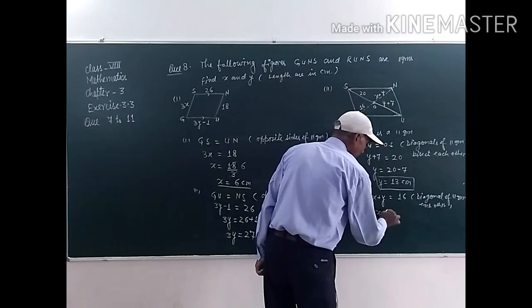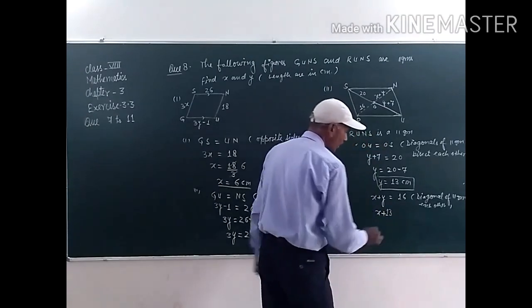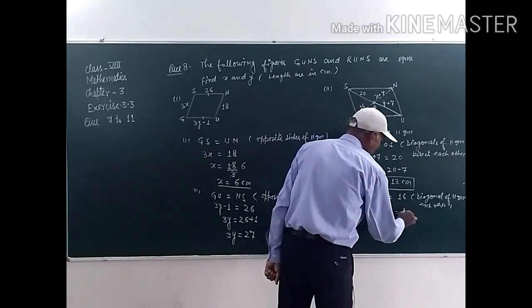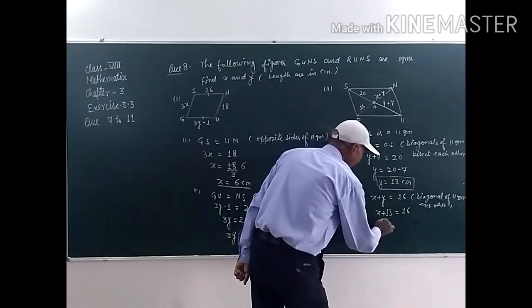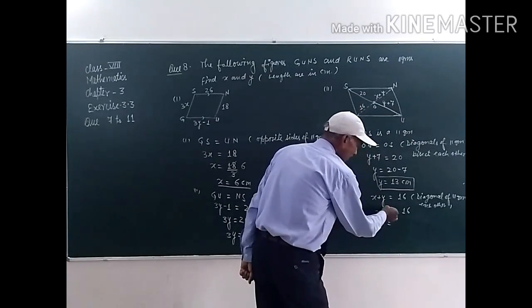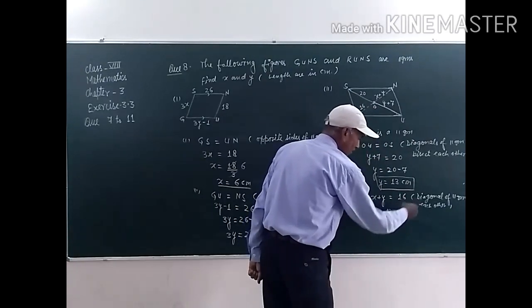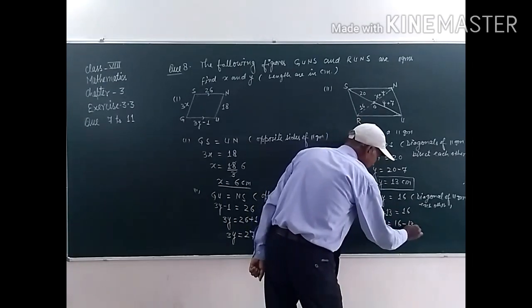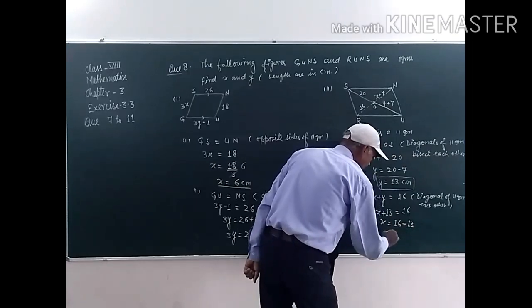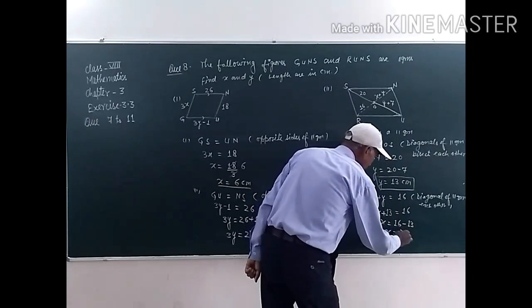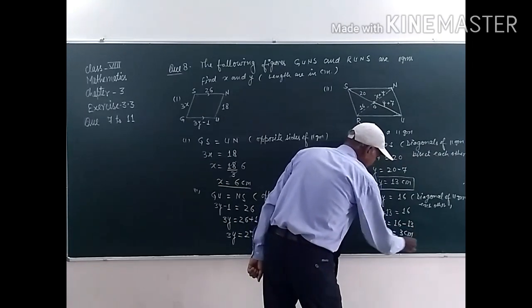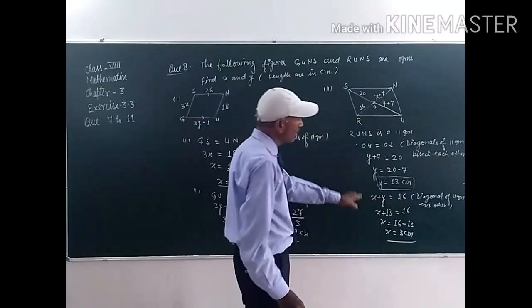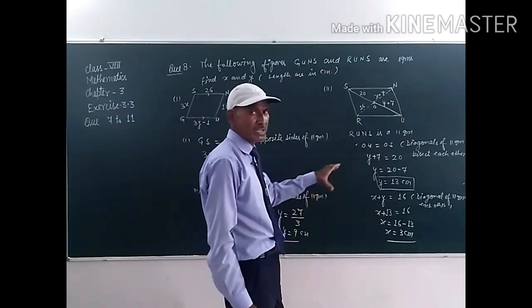So we have to put the value of y in this equation, student, is equal to 16. Now x is equal to, transposing 13 from left hand side to right hand side, it will be negative. So 16 minus 13. So x is equal to 3 centimeter. The value of x will be 3 centimeter in this question, student.